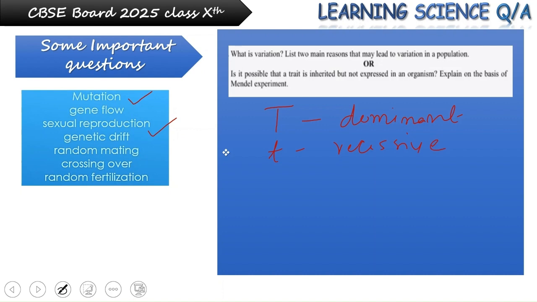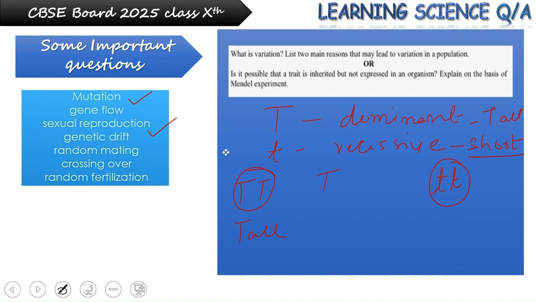What we have discussed earlier is that this dominant copy can be expressed even when it is present in a single copy, whereas for this recessive copy, at least two alleles must be present. So, any individual having genotype small t and small t will give the phenotype governed by small t, which is short height, whereas any individual having two capital T will be tall.